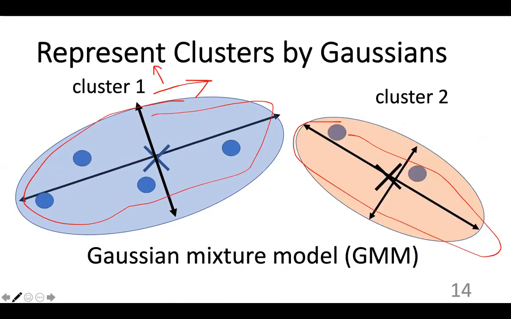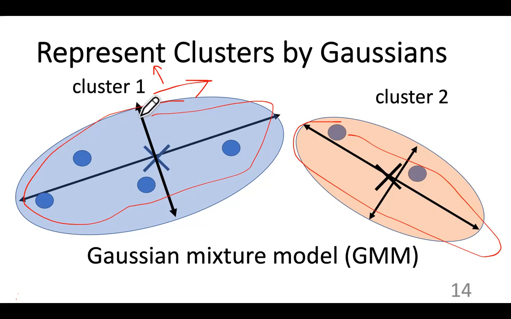So let me illustrate this in the picture. Again, the main challenge, I think, for understanding the soft clustering algorithm is to believe or to buy that we represent clusters by Gaussian probability distributions. Once you get used to this, the algorithm makes very much sense.